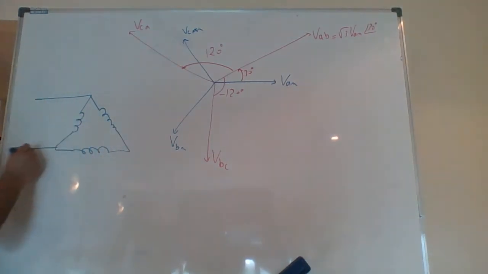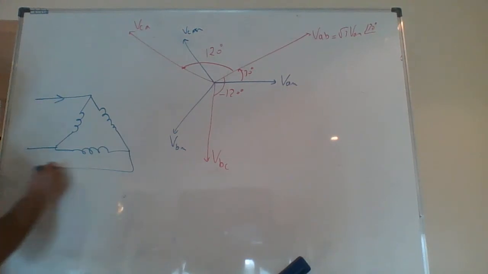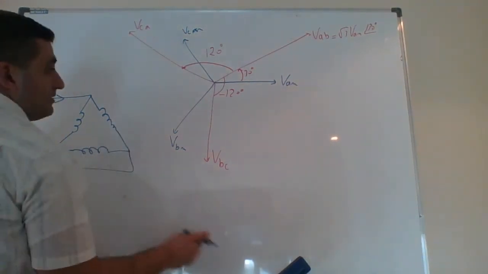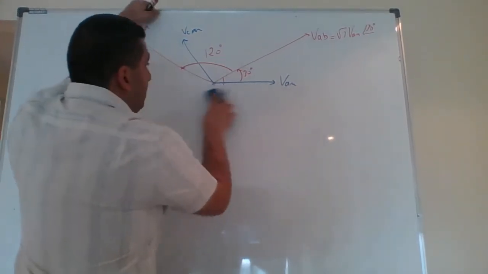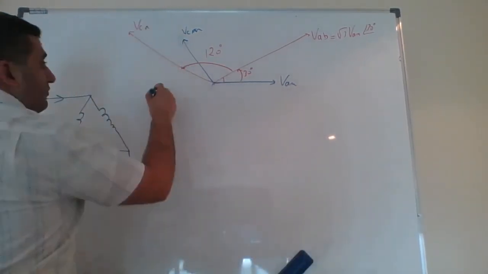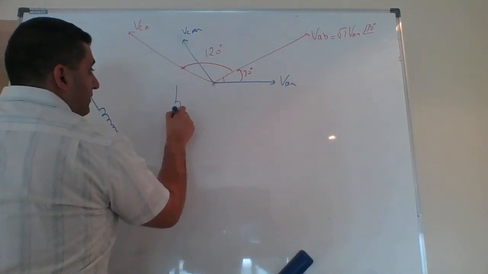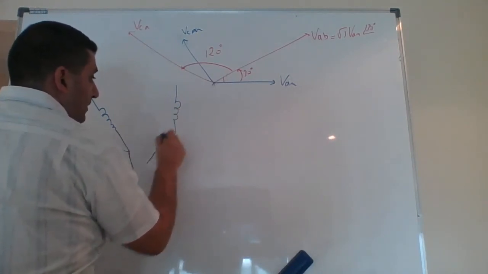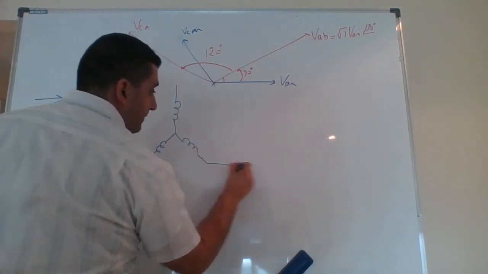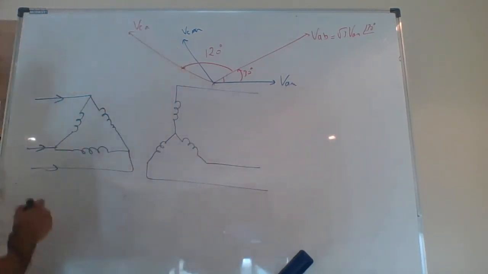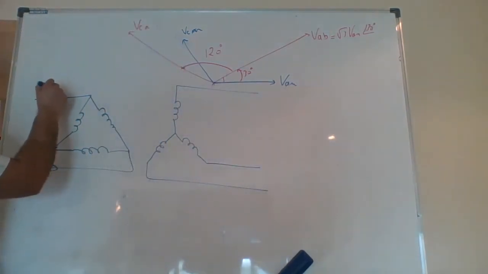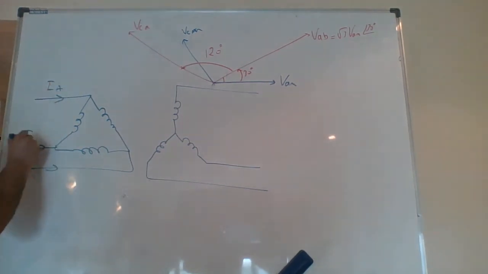That's a delta transformer, and the second side of the transformer is connected into Y. I call these IA, IB, IC.